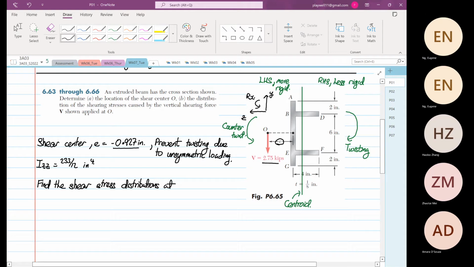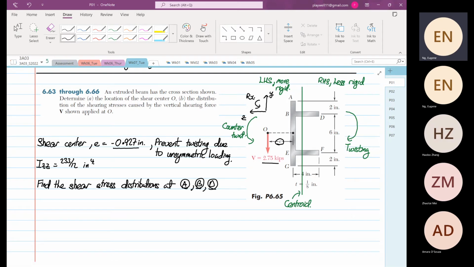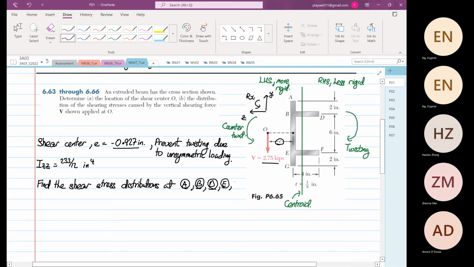We are asked to find it at point A, at point B, D. Do we have a point C? No, D. Later on we're going to find the centroid anyway. Then we have point E, F, and point G.